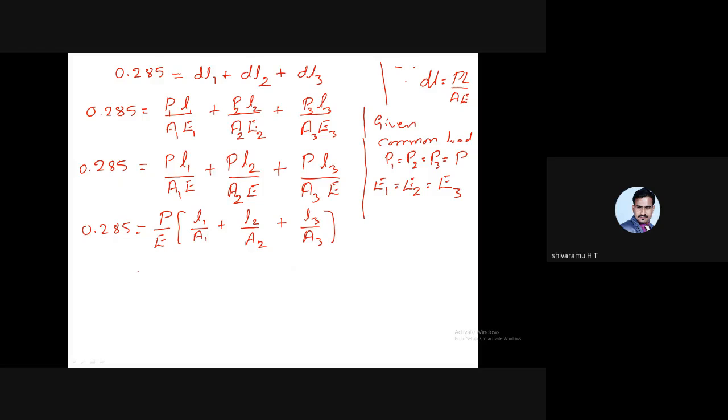So here the load is 40 into 10 power 3. Load is given as 40 kilonewton, and here it is asked to compute the Young's modulus. The total deformation is 0.285 and the lengths of the portions are given.